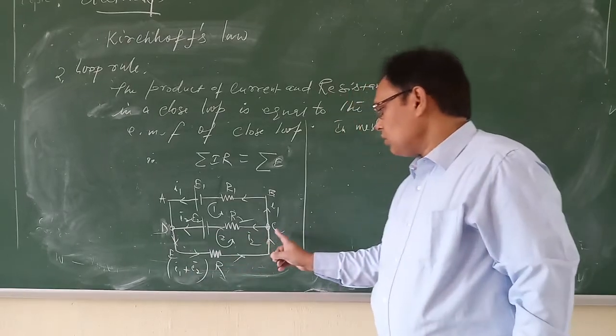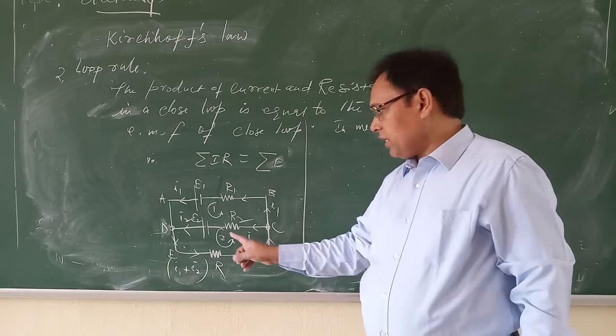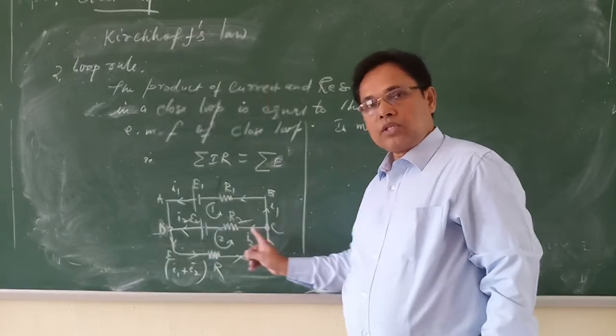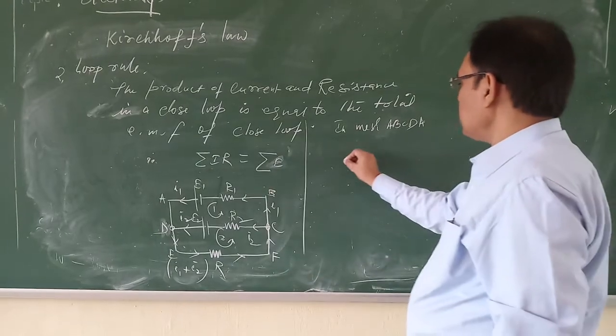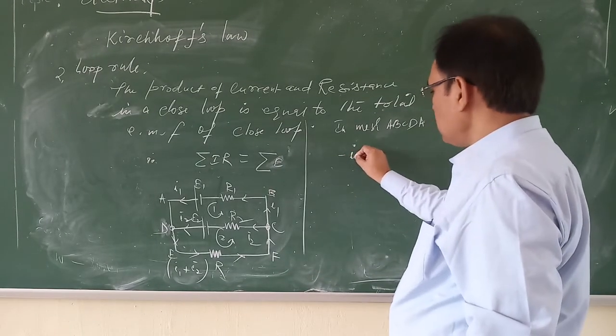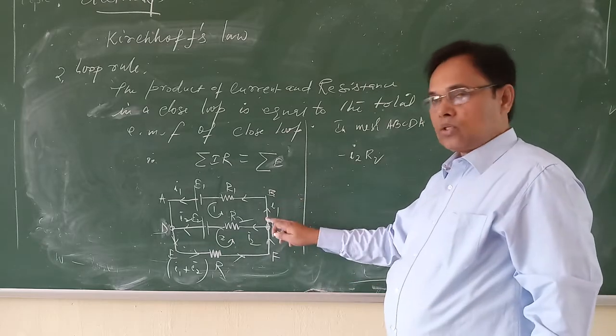Now D to C, you are moving from D to C and the current is coming from C to D, so the product of current and resistance should be negative. So this is minus I2 R2. C to B, there is no resistance.